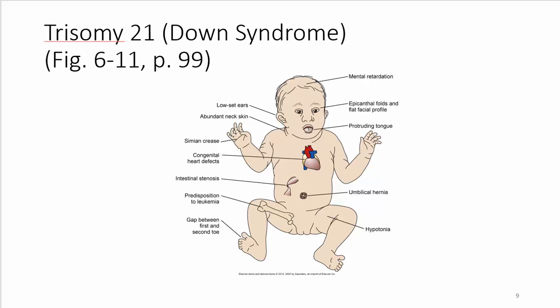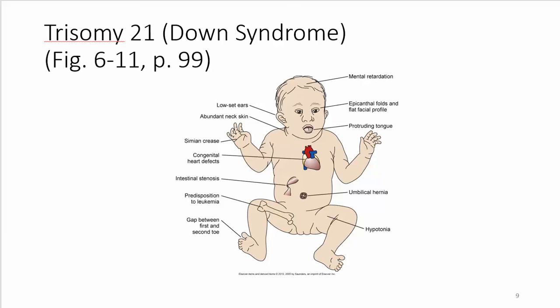One of the things that I've seen a lot is this thing called the simian crease. When you look at the hand, for some reason, the lifeline and the, I don't know what the other line is, the headline, on most of us kind of run parallel to one another and curve.